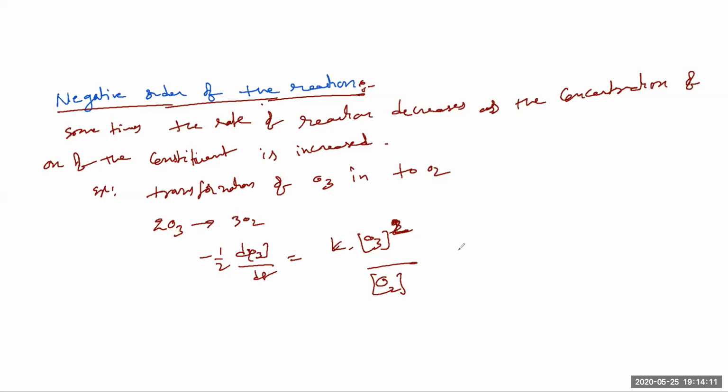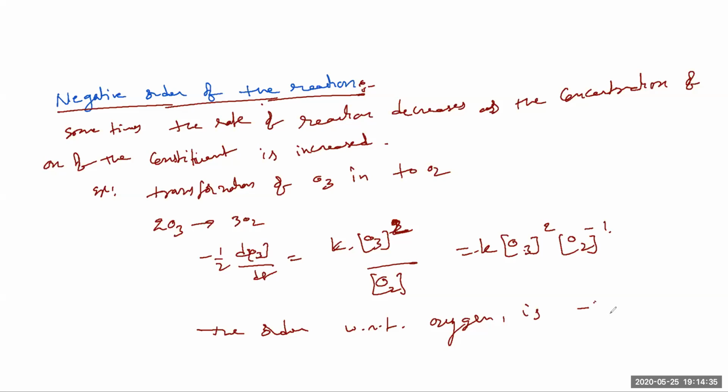So that is equal to K into O3 power 2 and O2 power minus 1. Here the order with respect to oxygen is minus 1. So note down. Now we are going to discuss some problems based on these equations.